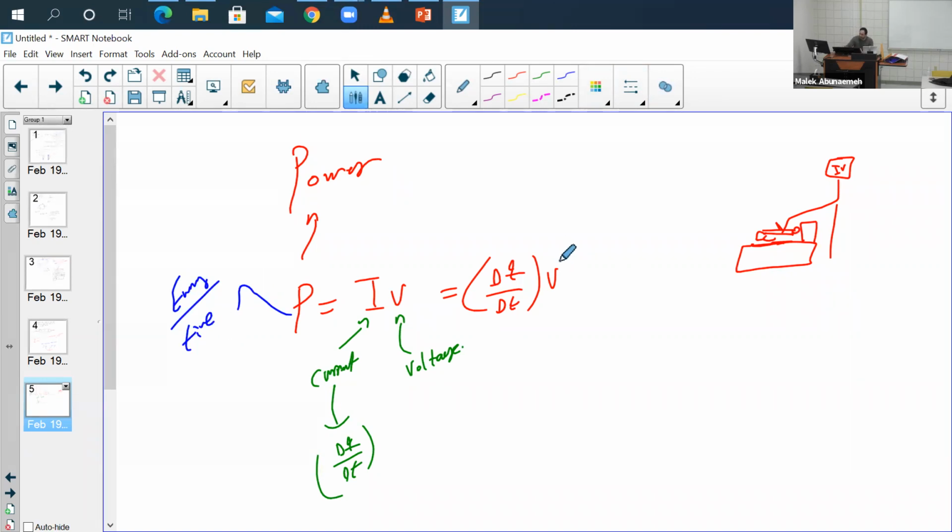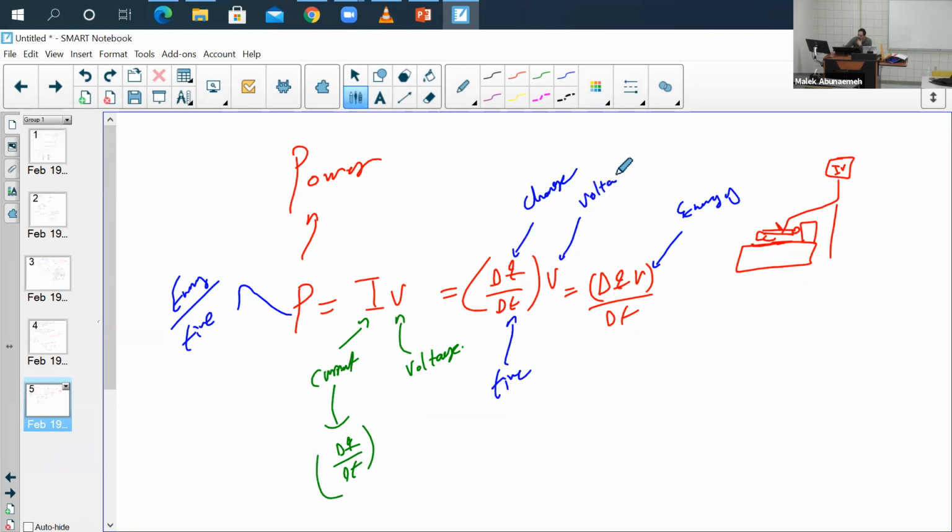So we write delta QV over delta T. Delta QV is your energy, where Q is the charge, V is your voltage, and delta T is the time. So delta QV is your energy, and this is your energy per time.